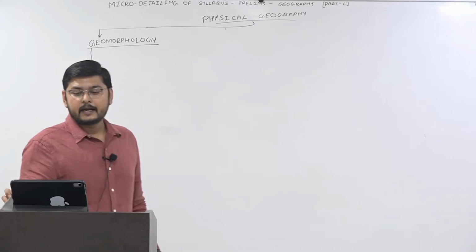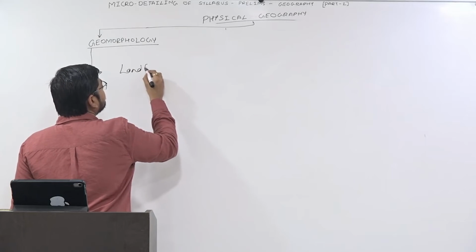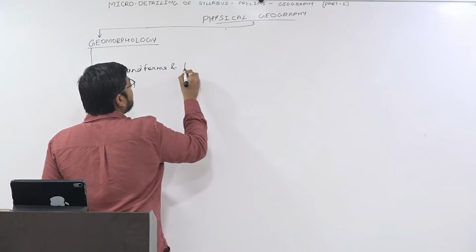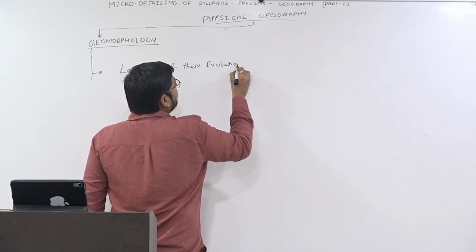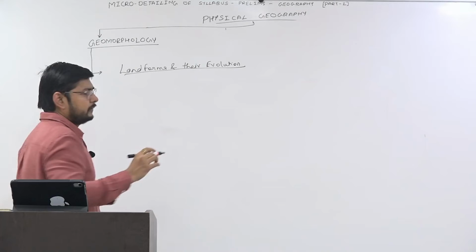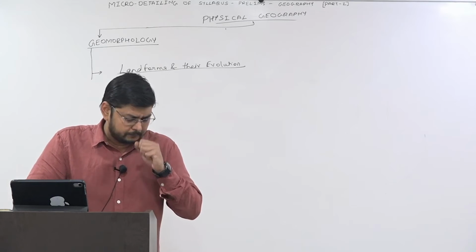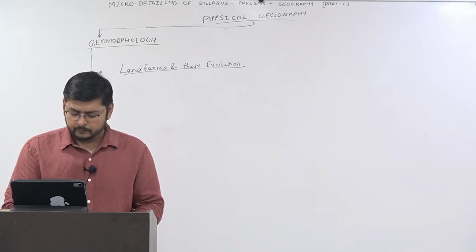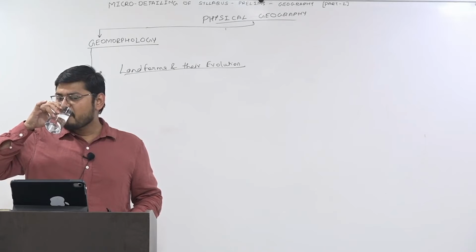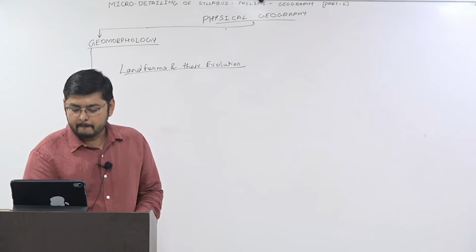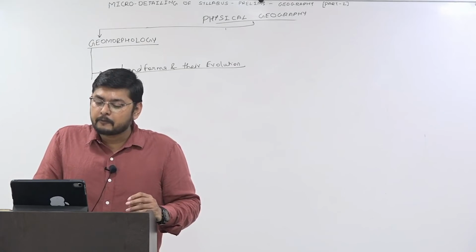Now, after this, we'll be studying a very important part, which is related to the landforms, that is landforms and their evolution. In the part of landforms and their evolution, what are the different causes for the formation of these landforms?